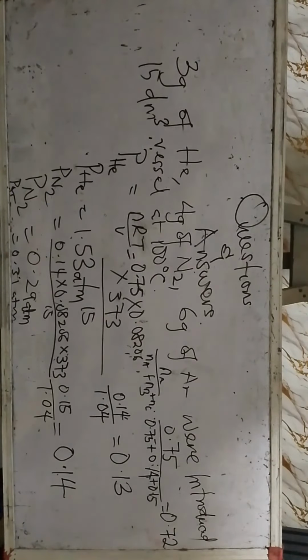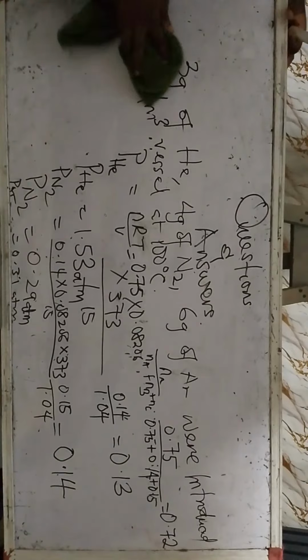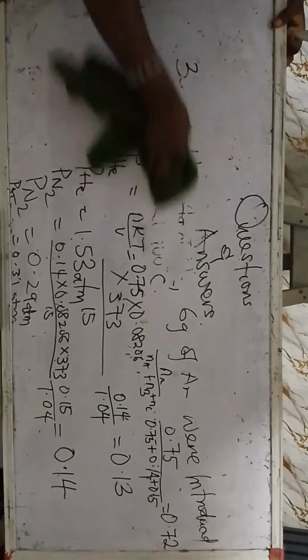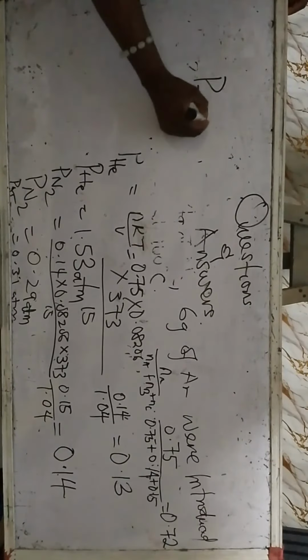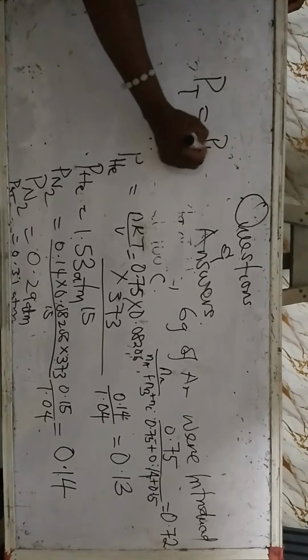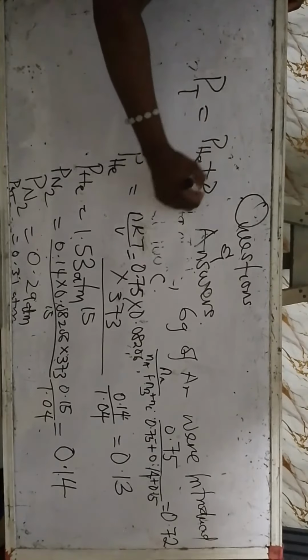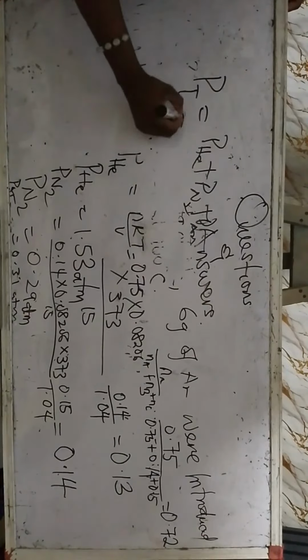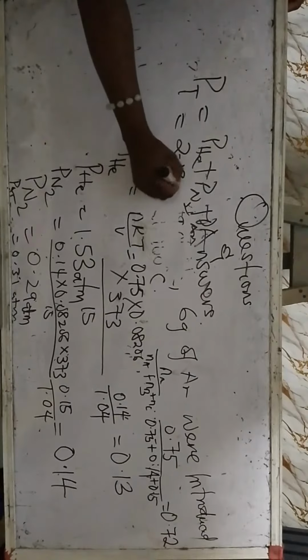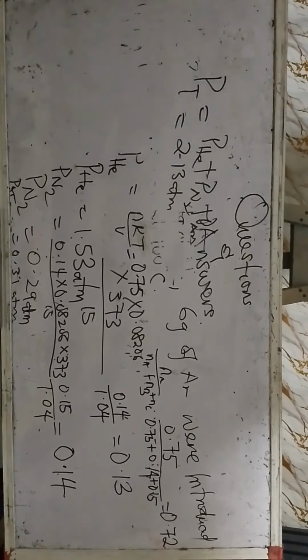So the total pressure of the system is 2.13. The total pressure of the system is equal to P of helium plus P of N2 plus P of argon. So when you sum them together, you have 2.13 atm. When a JAMB question is given to you, they don't show working.